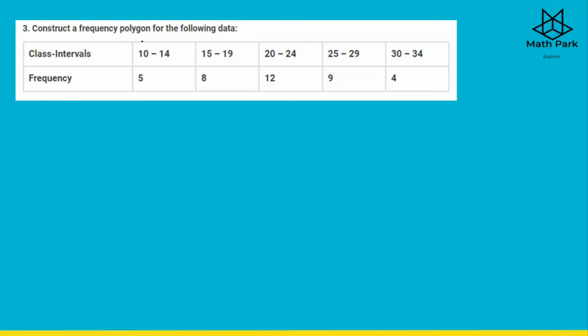To make the classes continuous, we subtract 0.5 from the lower limit, so 10 minus 0.5 is 9.5, and add 0.5 to the upper limit, which is 14.5. The next is 14.5 to 19.5, then 19.5 to 24.5, 24.5 to 29.5, and 29.5 to 34.5.